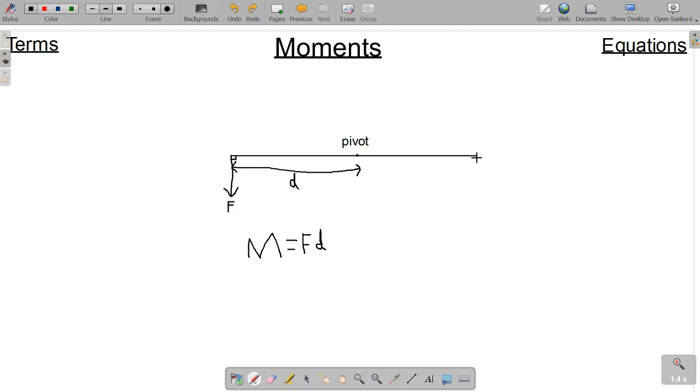Okay. Let's say you have a slanted force here. So this is F2, and the perpendicular distance here is D2.